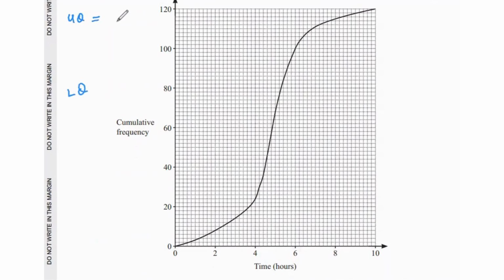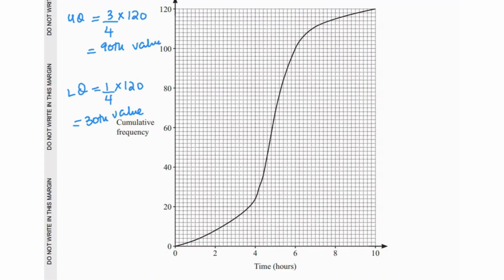So for the upper quartile, we find 3/4 of 120, which is going to be 90. So you need to find the 90th value for the upper quartile. And for the lower quartile, we do 1/4 times 120, which is the 30th value. So for the lower quartile, we find the 30th value. And then we subtract those two to find the interquartile range.